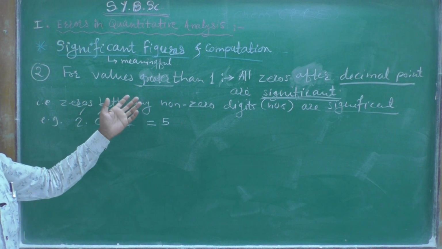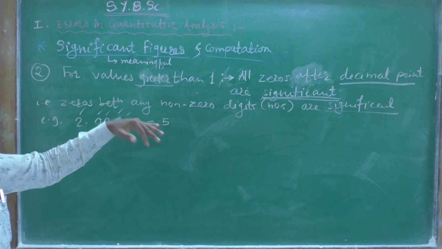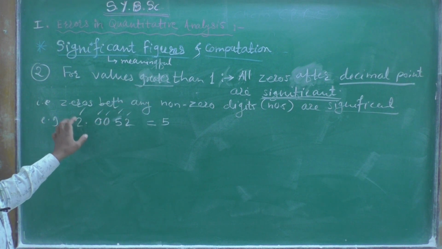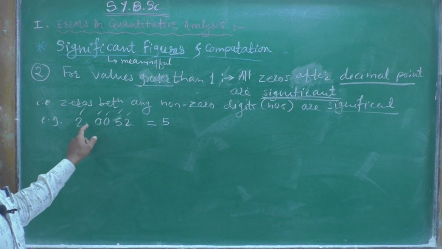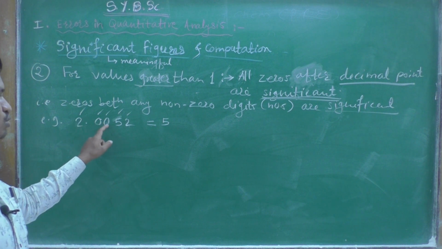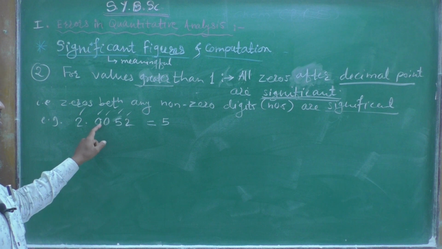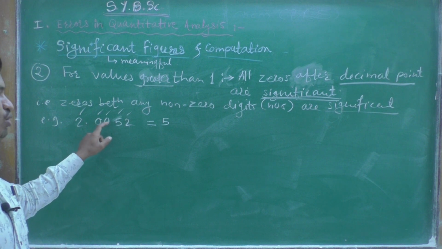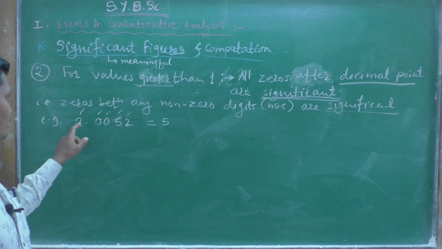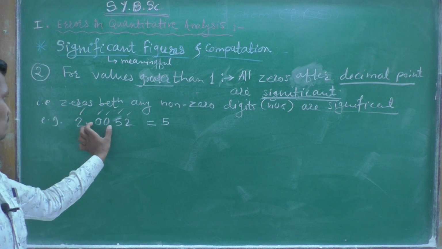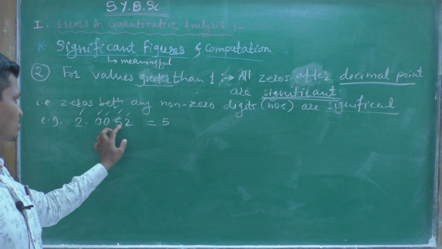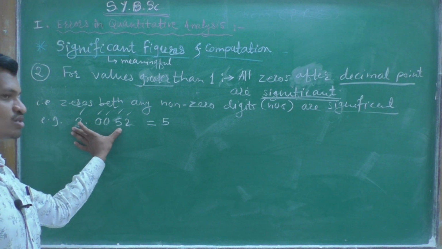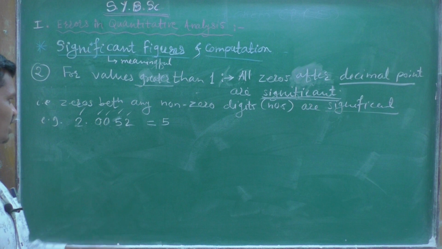It is in contrast to the second rule. This figure is greater than 1, and after the decimal point these two zeros are there, and in this case both zeros are significant. In other words, these are the zeros between non-zero digits. This is a non-zero digit, this is a non-zero digit. So these two zeros are significant.